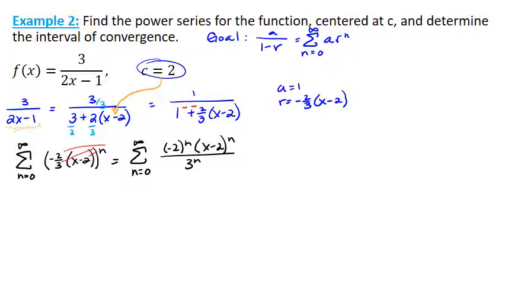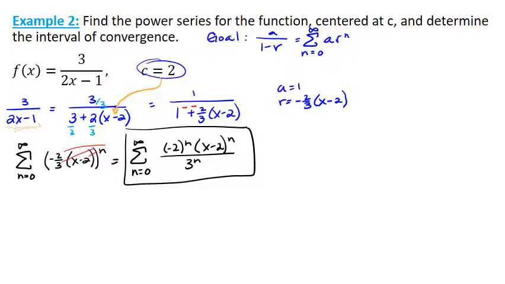This here can't be simplified in a very easy way, so this is going to be my power series centered at c. So this answers the first part of the question.